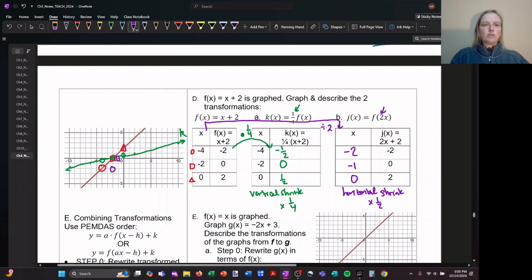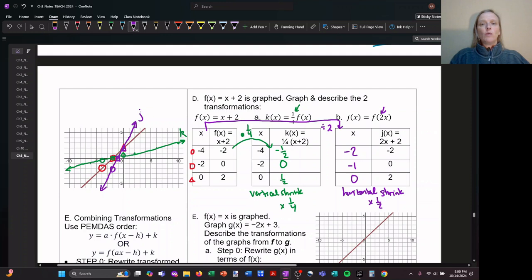And then (0, 2) is my triangle point. And then just kind of continuing this pattern on a little bit to help me draw a better graph, the graph looks like this for the function j.